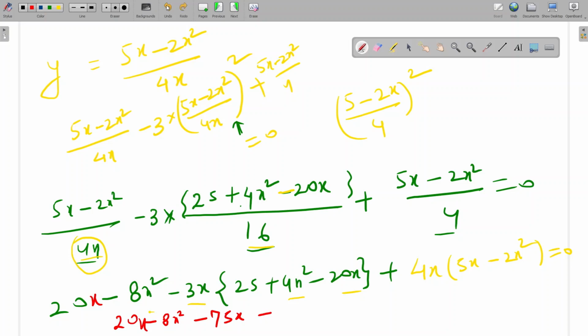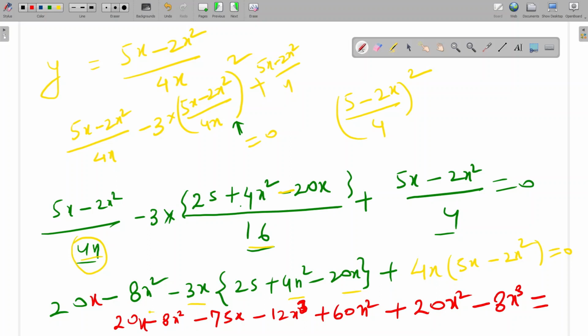One second. Minus 12x cube, yes, plus 60x square plus 20x square minus 8x cube. So x is there. Constant term is not there.